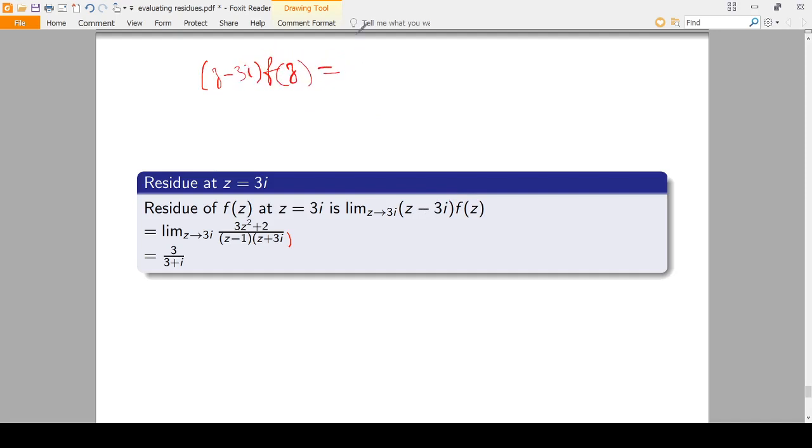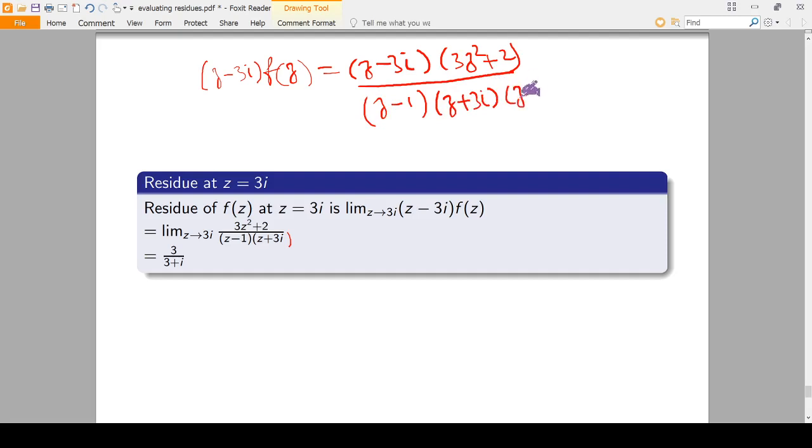This will be z minus 3i into f of z, which will be 3z squared plus 2 divided by z minus 1 into z plus 3i into z minus 3i.